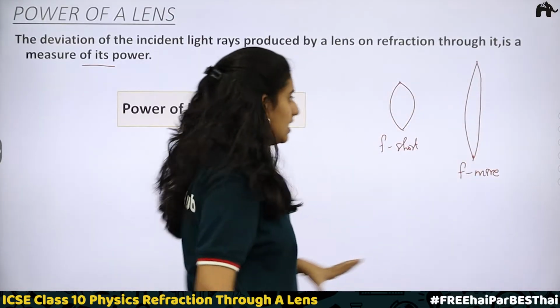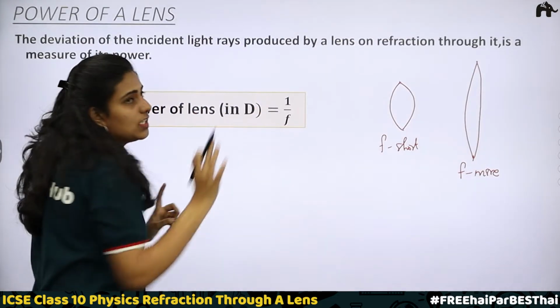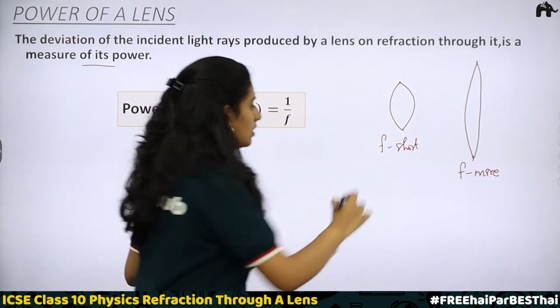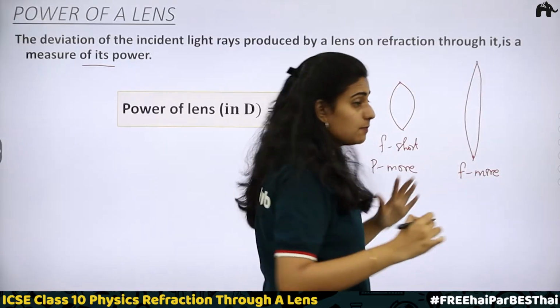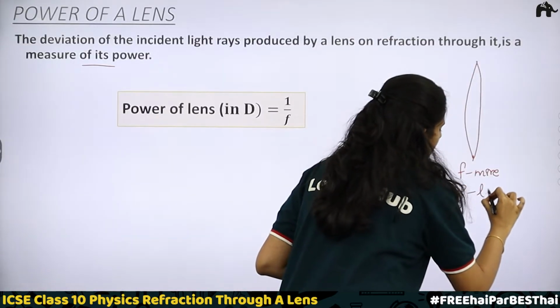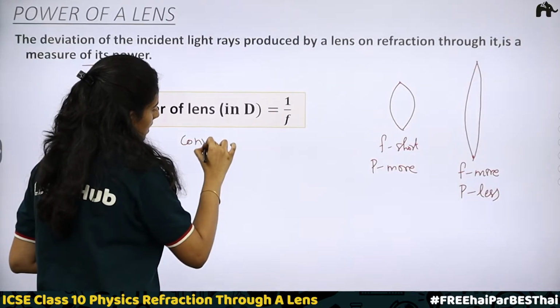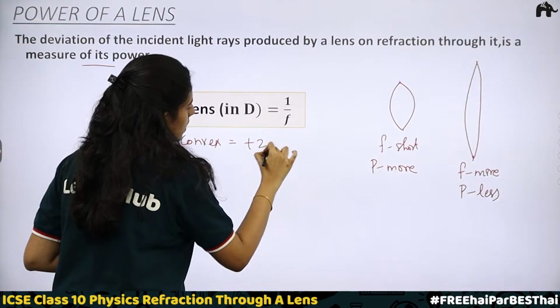Now let's see how the power depends on focal length. Power of a lens is inversely proportional to focal length, which means if the focal length is short, then power will be more. If focal length is more, power will be less. For example, let's consider a convex lens with a focal length of plus 20 centimeter.